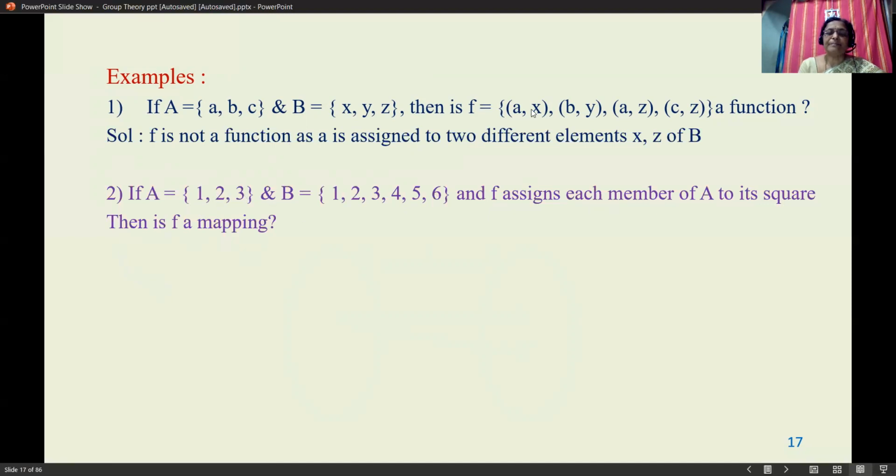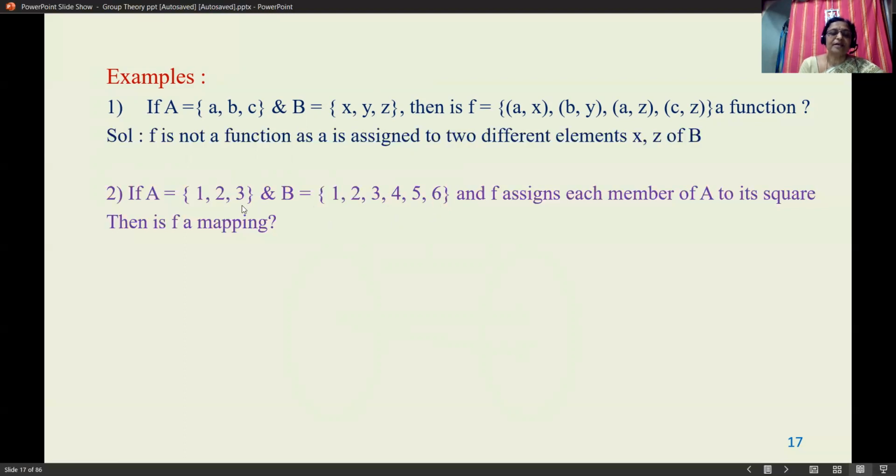And in the second coordinate, you have to consider the square of 1, that is 1. Square of 1 is there in B. Square of 2 is 4, it is there. And square of 3 is 9, but 9 is not present in B. Means 3 is not associated with any element of B.